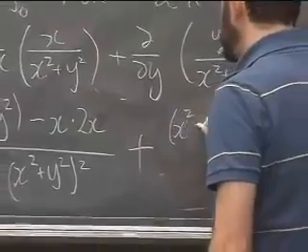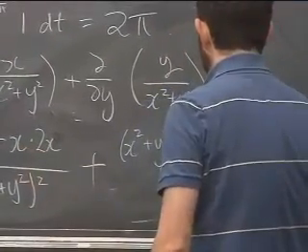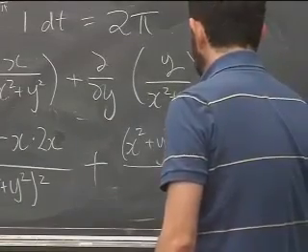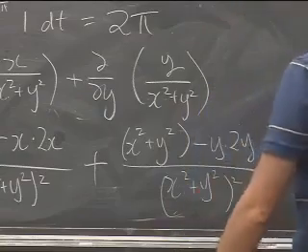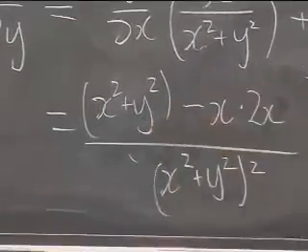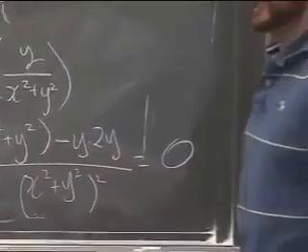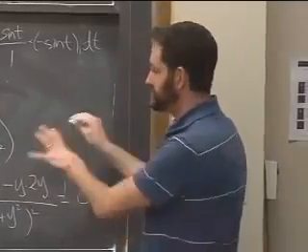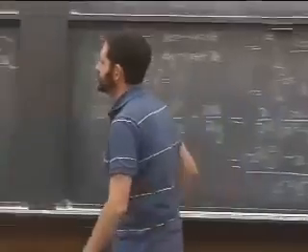You'll get exactly the same thing, but instead here you'll get minus y times 2y. Switch x and y around. Anyway, that works out to be 0. You have x squared plus x squared minus 2x squared, and you have y squared plus y squared minus 2y squared, and somehow everything cancels and you get 0. Okay? If you don't believe that computation, it's just differentiation. Partial derivatives way back to the beginning of the course, so just check that out.